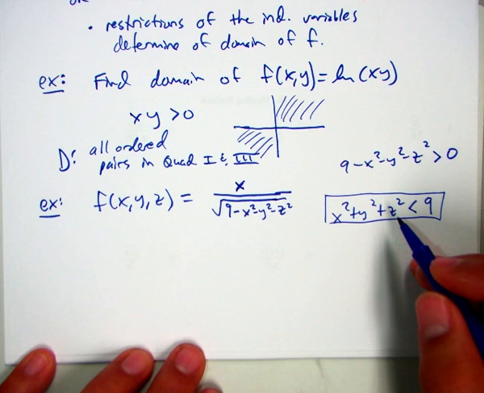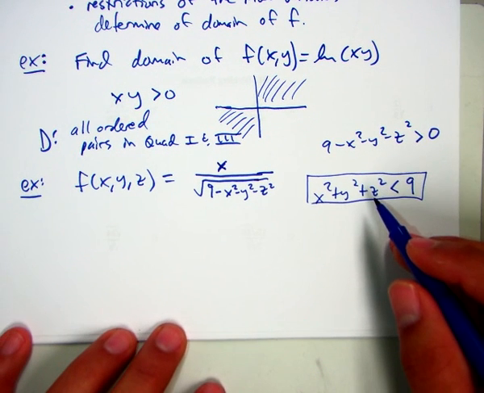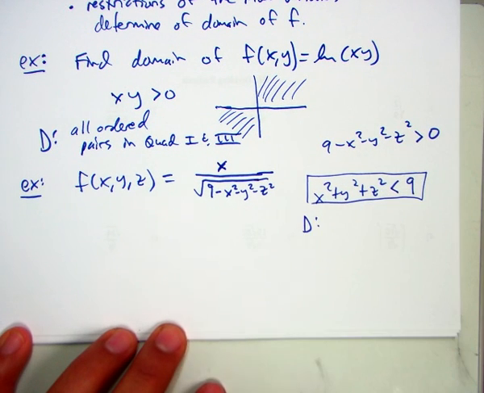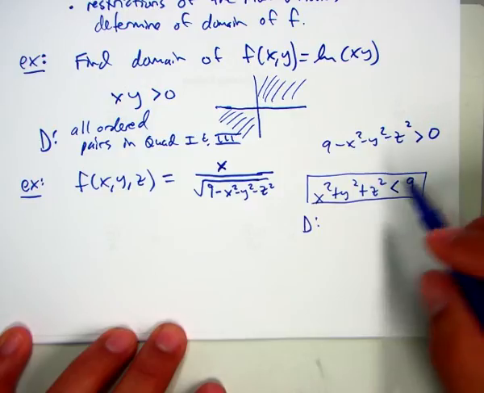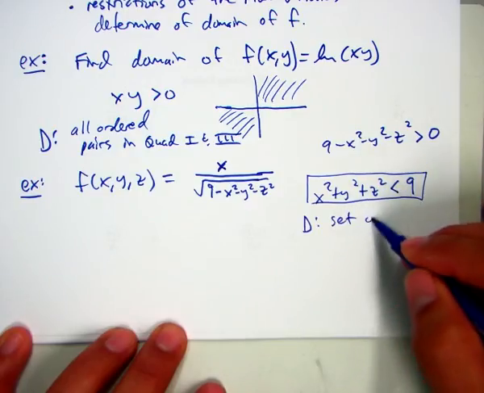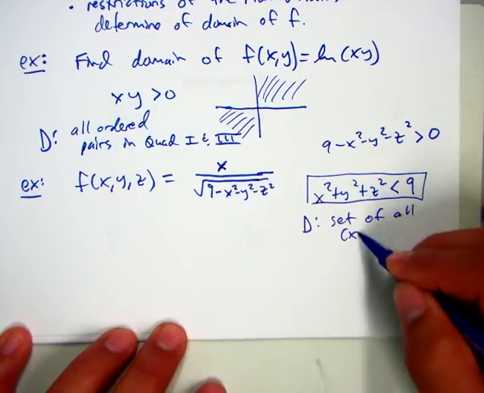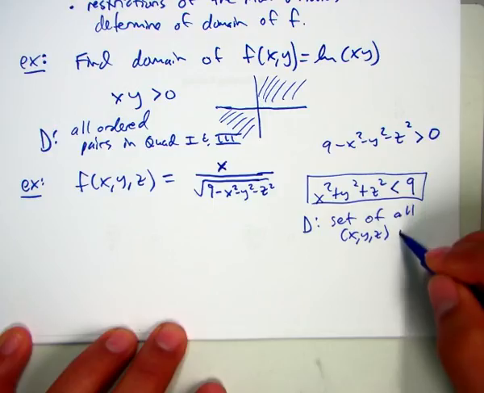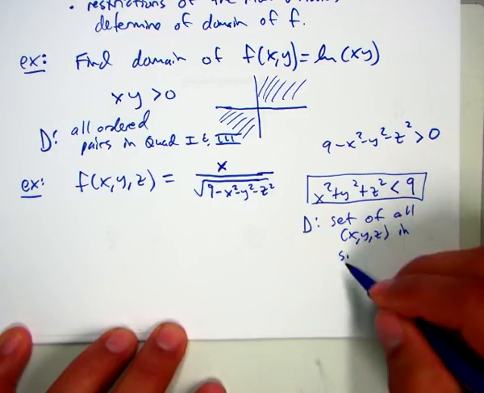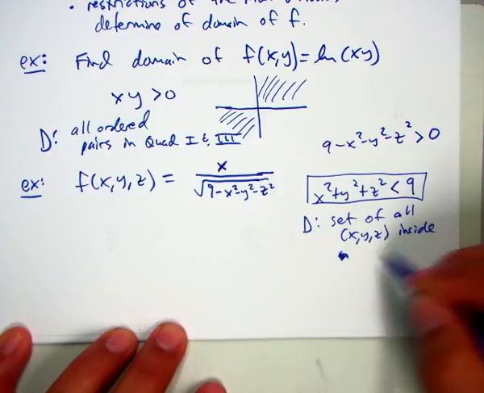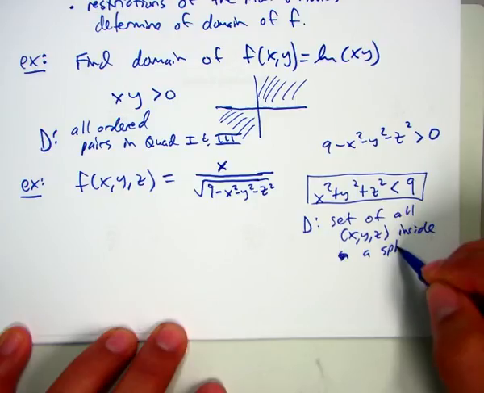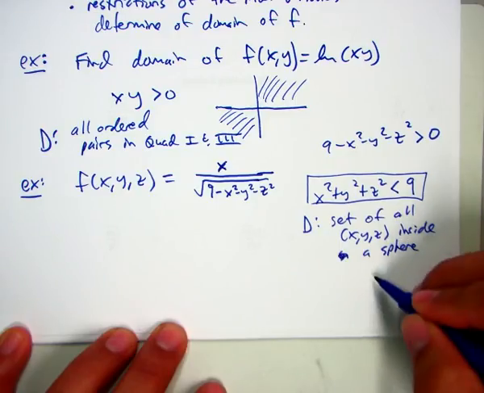How can we describe this? So set of all ordered triples inside a sphere with what radius? Yep.